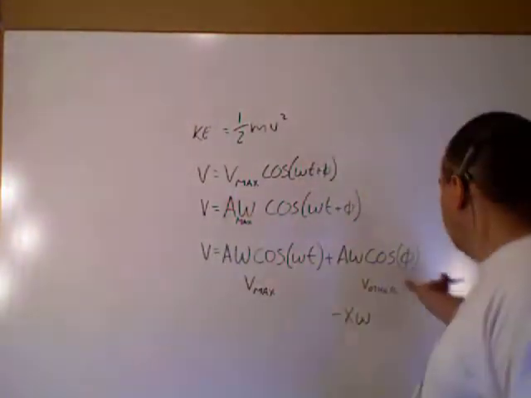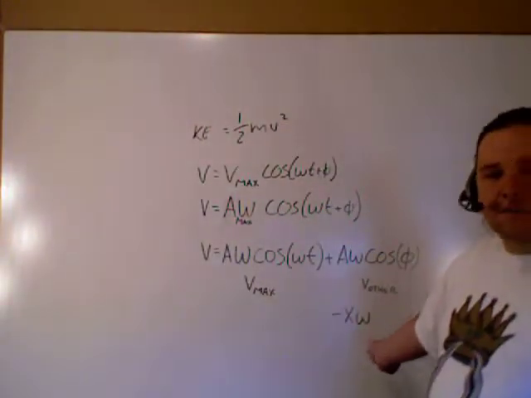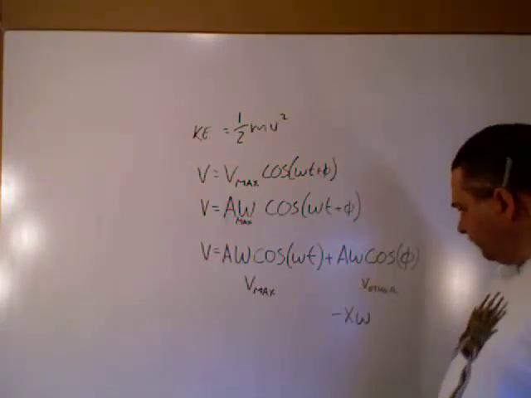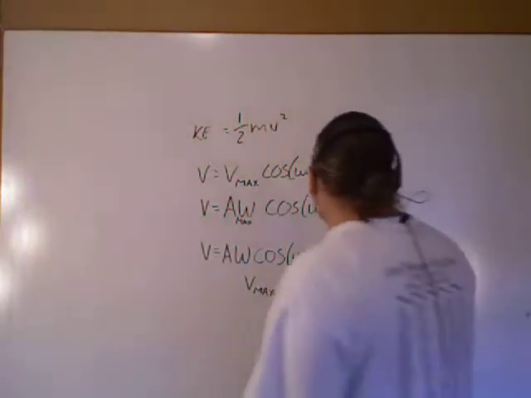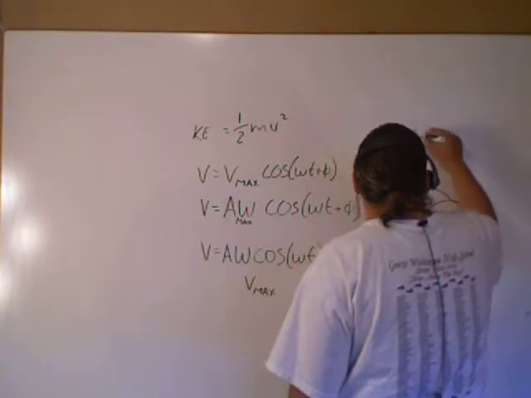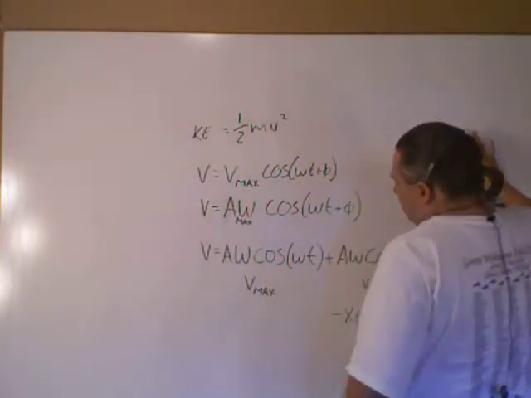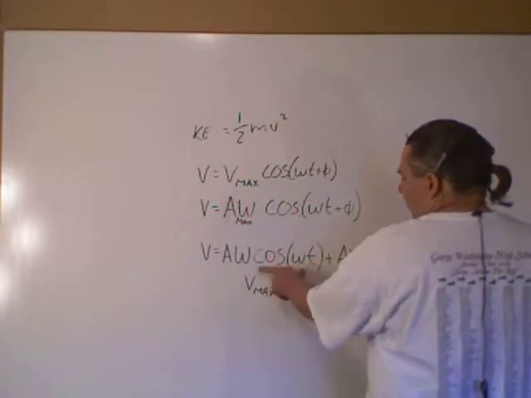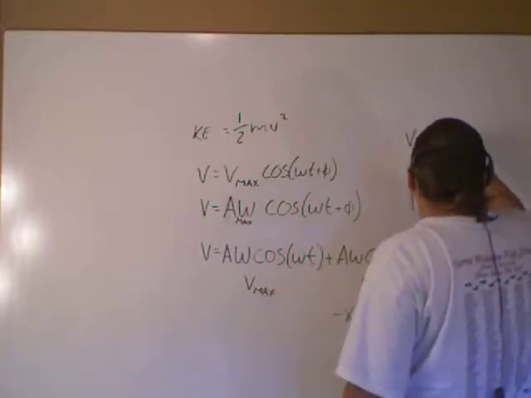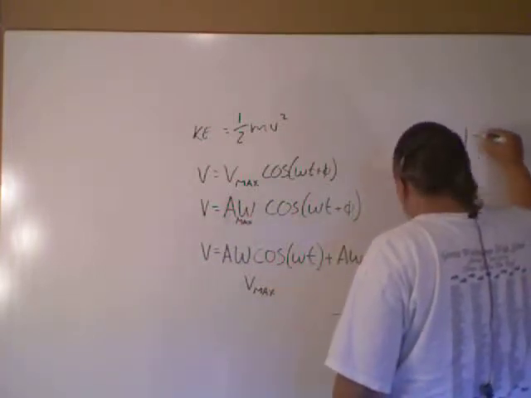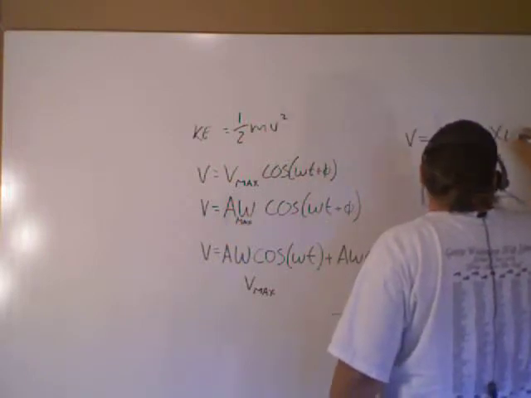So this term will break down into this term. At that point, I get the velocity at a given point is equal to this Vmax value, where this value turns out to be 1, which is going to be A omega minus x omega.